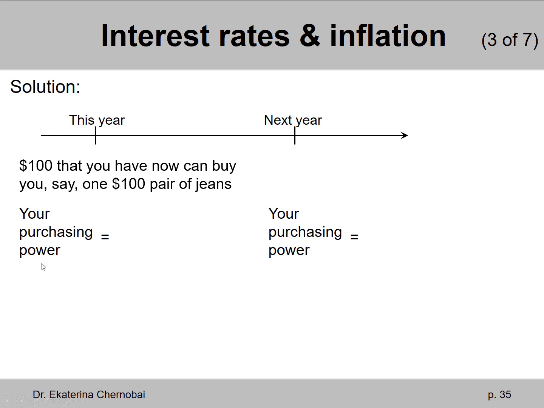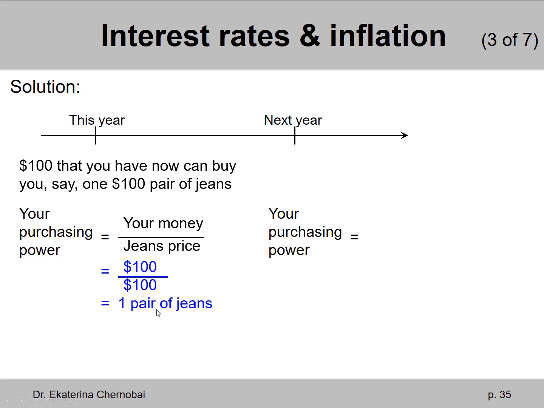So what is your today's purchasing power in terms of pairs of jeans? You have $100, you divide it by the price to buy a pair of jeans, so 100 divided by 100 gives 1. The purchasing power of your $100 today is one pair of jeans.